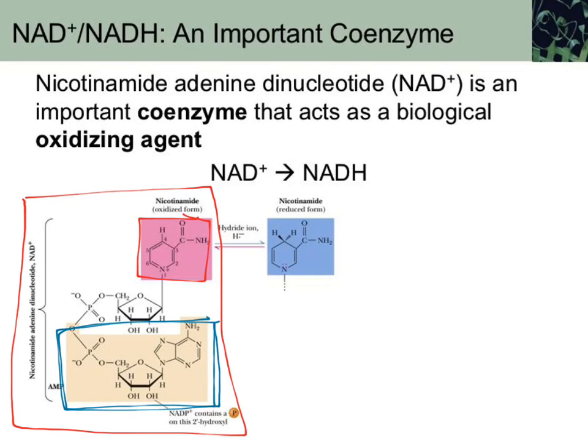Then they say dinucleotide. Dinucleotide means 2 nucleotides. What's in purple is another nucleotide. That nucleotide happens to contain nicotinamide. Right? So they're saying there's piece 1, piece 2. If I put those pieces together, that's now dinucleotide. It's a bit redundant.